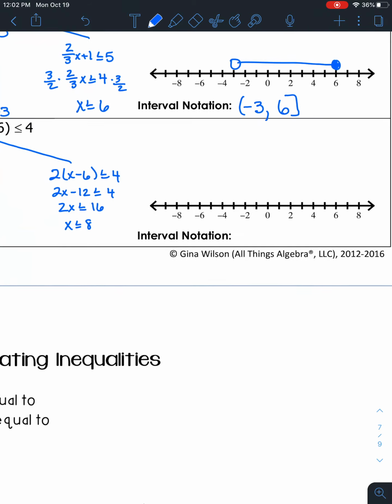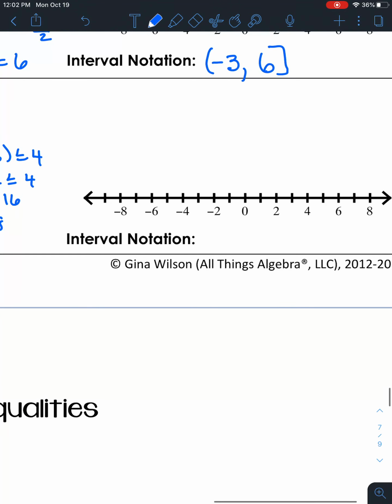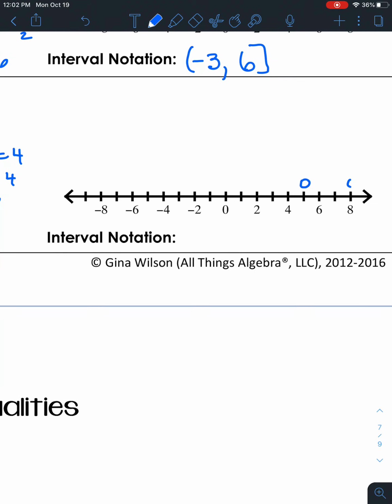So I have 5, which is an open circle, 8, which is a closed circle, and I'm just going to graph right in between them. Doing my interval notation, my first answer is an open circle at 5, followed by a closed circle at 8.